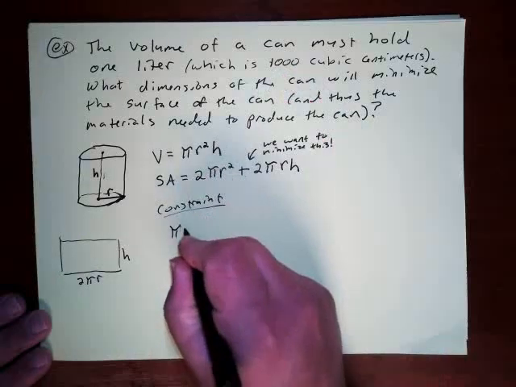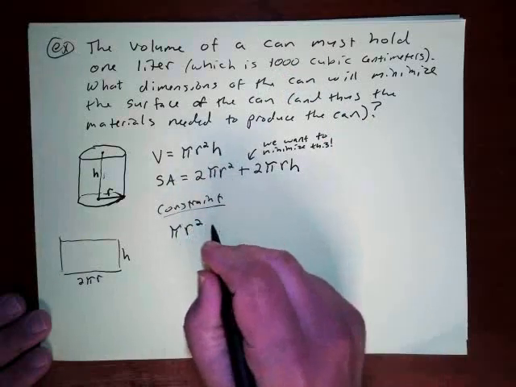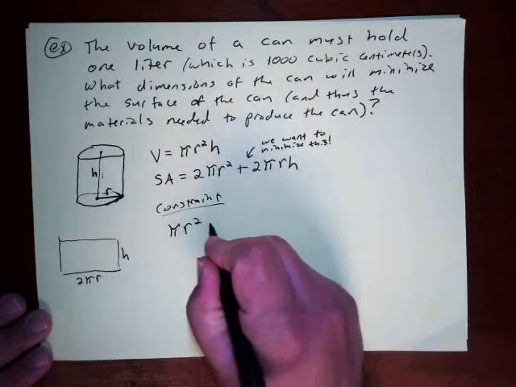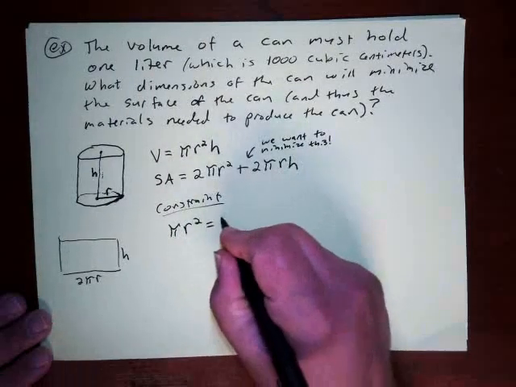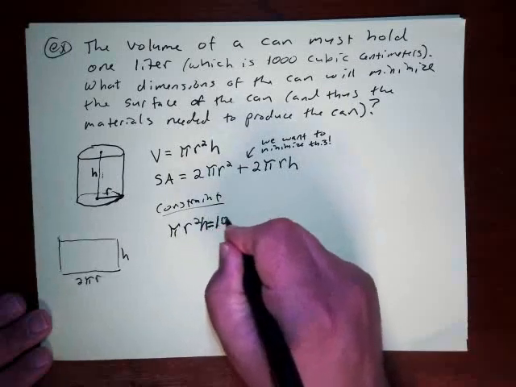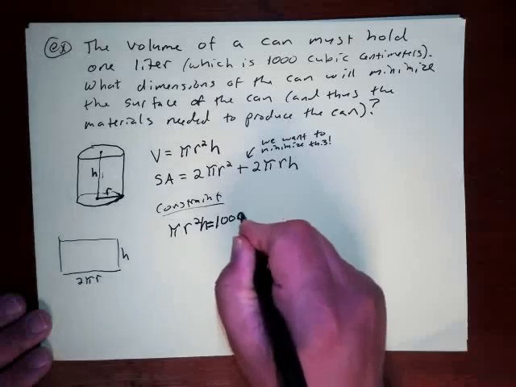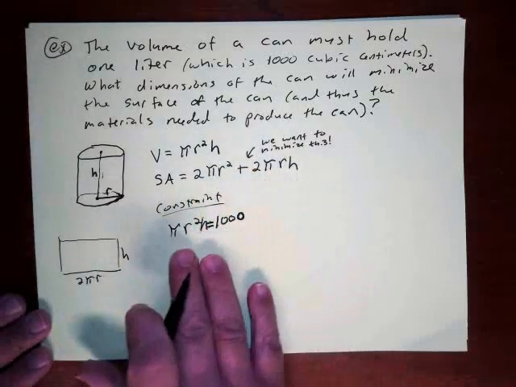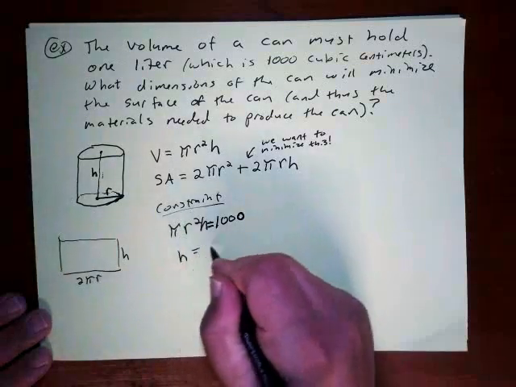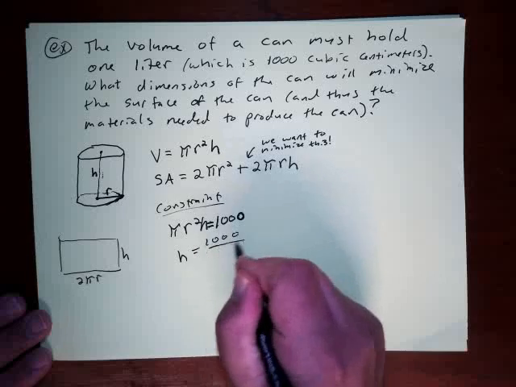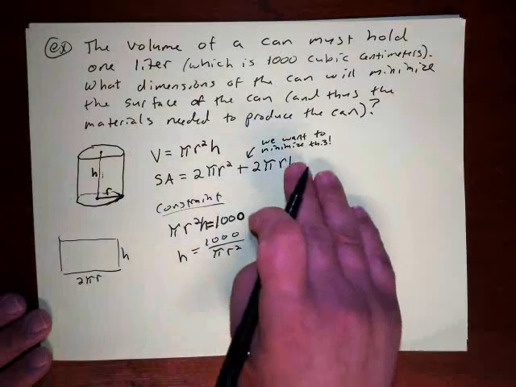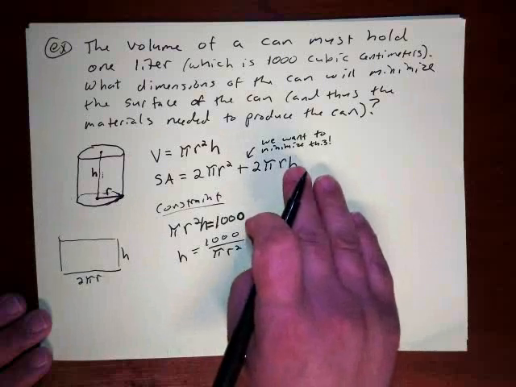So in other words, pi r squared h is going to have to equal 1,000. When we look at this formula, it's going to be easiest to solve this for h, because there's only one h in this formula. So h is equal to 1,000 over pi r squared.